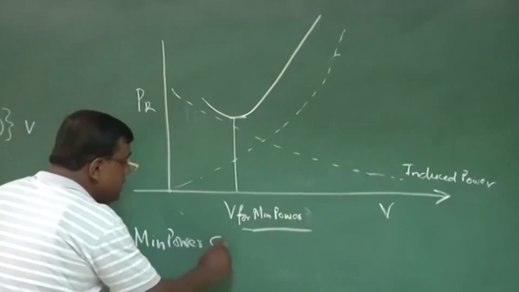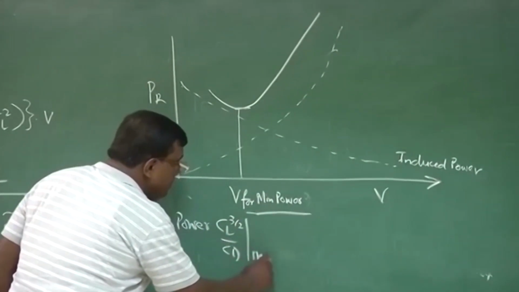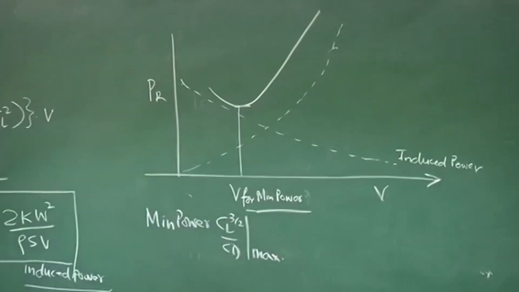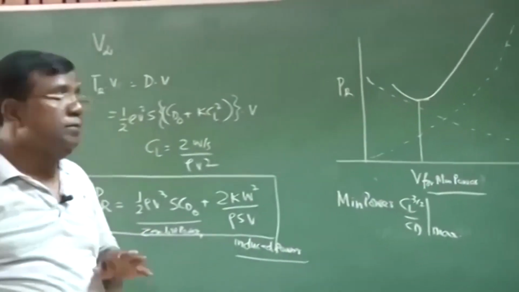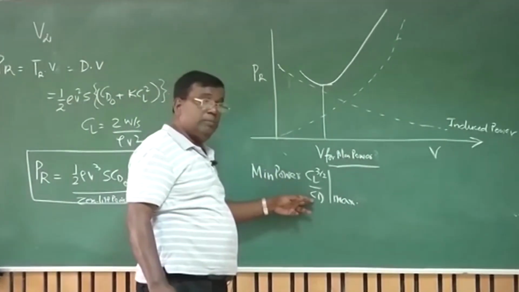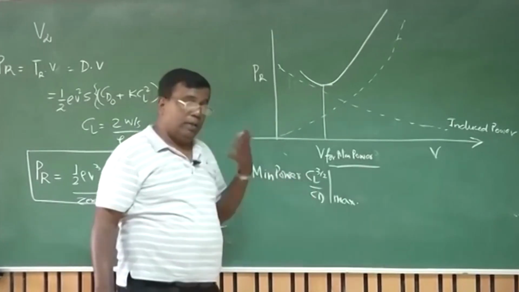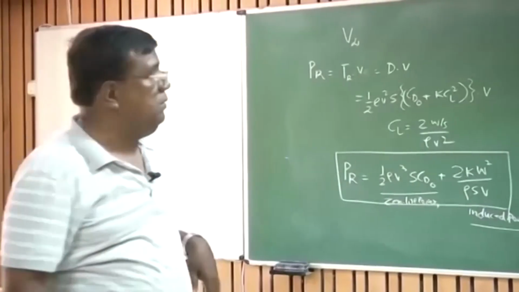we have seen that CL^(3/2) by CD should be maximum. What is the meaning? If I want to fly at minimum power, I should fly corresponding to that CL for which this is maximum, and naturally for that CL there is a fixed velocity because it is a cruise for a given altitude.